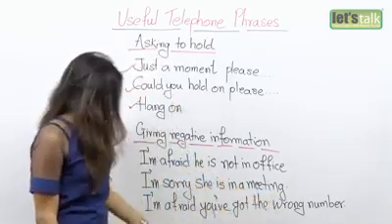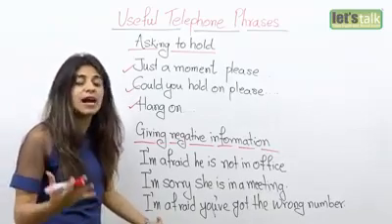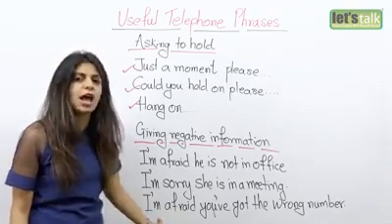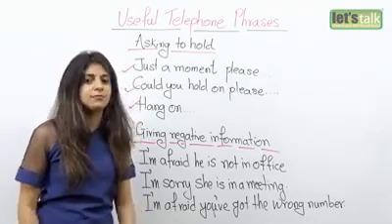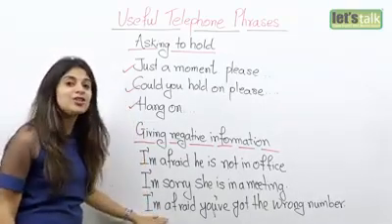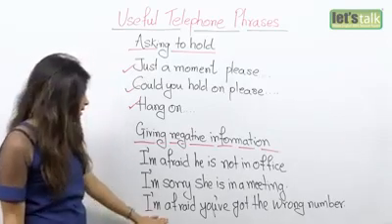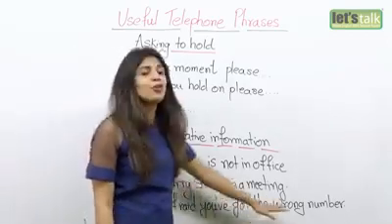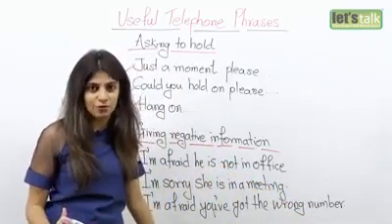Okay? And then probably the caller has dialed the wrong number. So are you going to be mean to him? Are you going to say, hey, it's wrong number, hang up? No, that's mean. So the right phrase to use for a caller who has dialed the wrong number is, I'm afraid you've got the wrong number, or I'm sorry, this is the wrong number that you've dialed.